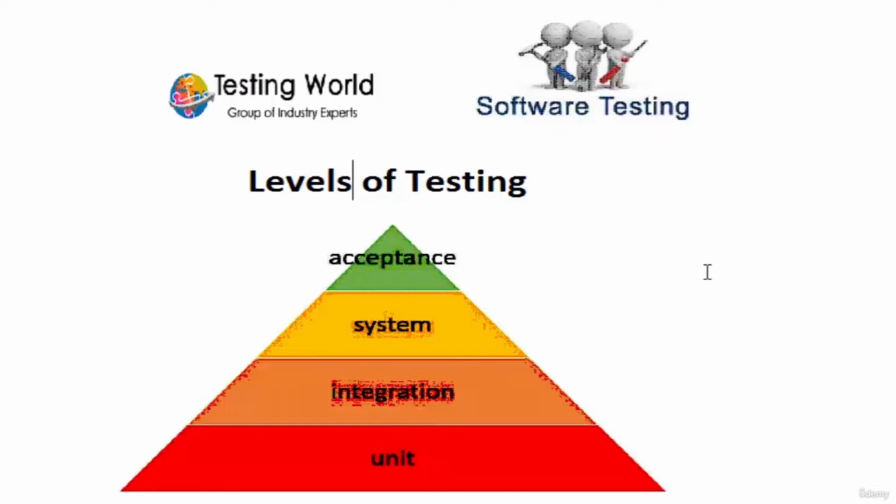Mostly as testers, we are not involved in this level. As a developer, I'm doing my unit testing. Developer B is doing his own testing. Developer C is doing his own unit testing. Now, I take an example like I was working on the login module, developer B is working on the registration module, and developer C is working on the home page.